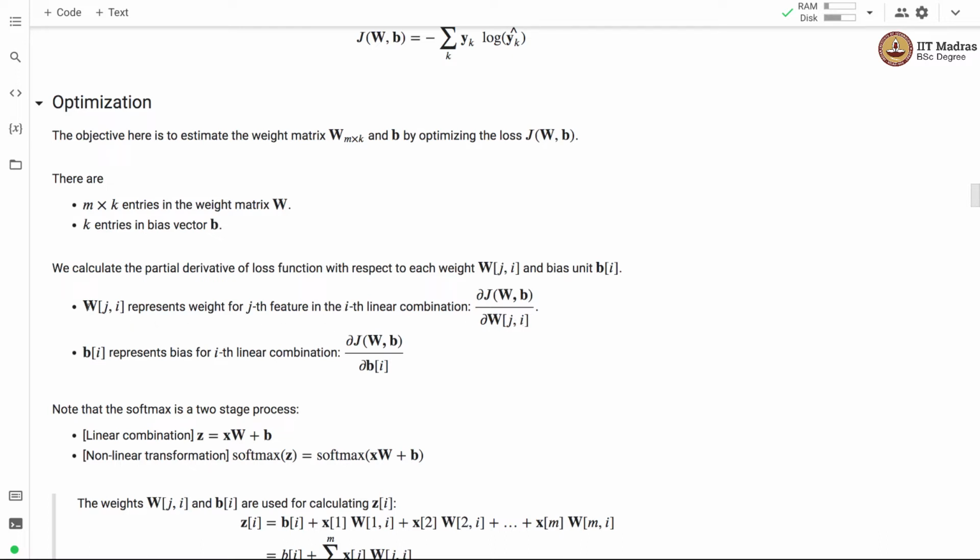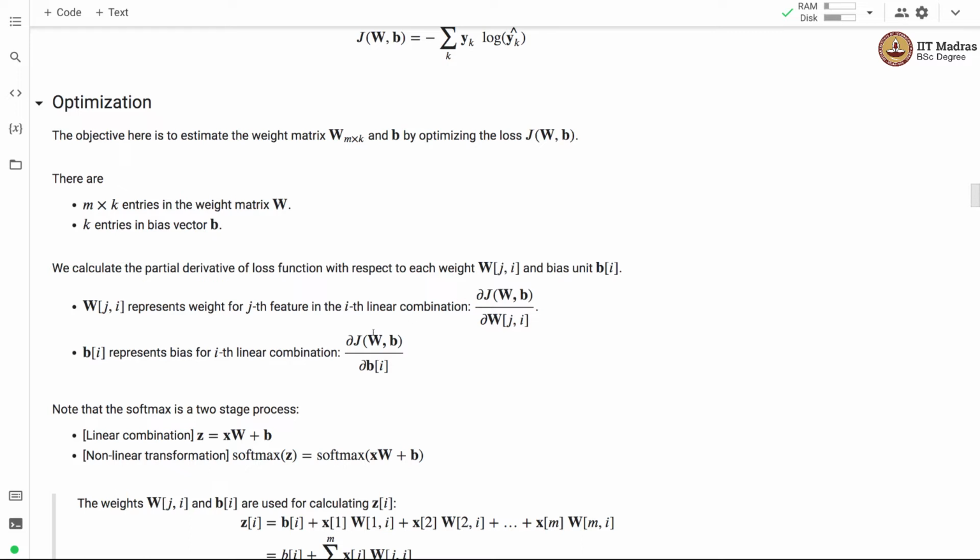Think of W as a matrix, and j comma i represents the entry on the jth row and ith column. And B is a vector, so B of i represents the bias for the ith linear combination, and we also calculate the partial derivative of the loss with respect to B of i.